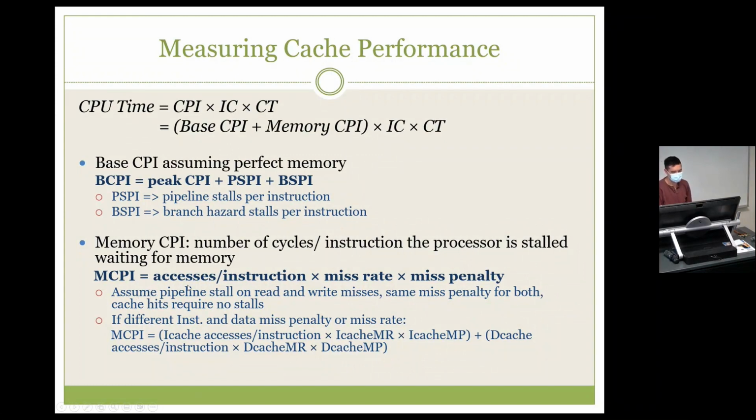To get this, we're going to get the accesses to memory per instruction, which is basically just the portion of your instruction counts that are load words or store words, times the miss rate, times the miss penalty. And this will give you your MCPI.